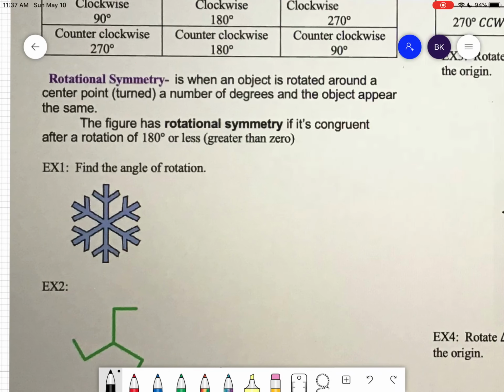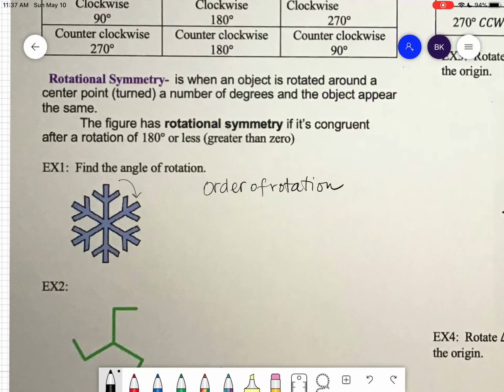So let's take a look at the first example. I'm going to ask us to find the angle of rotation, meaning how many degrees do I need to rotate the shape so it will look the same, appearing as the original image. The first thing we're going to do is find the order of rotation. The order of rotation is how many times I need to turn the shape around the entire 360 degrees for the shape to look identical to the original image.